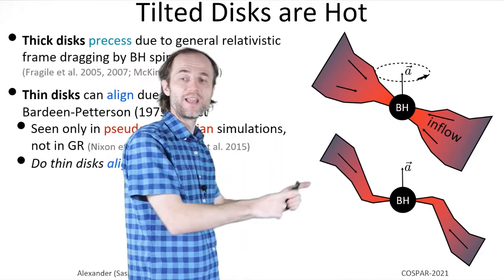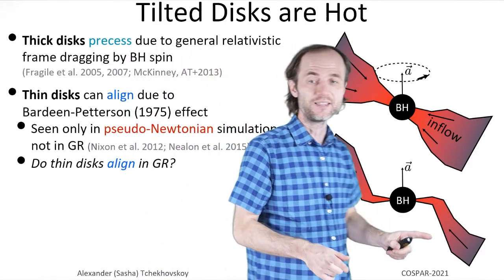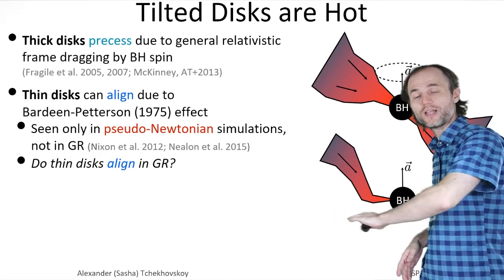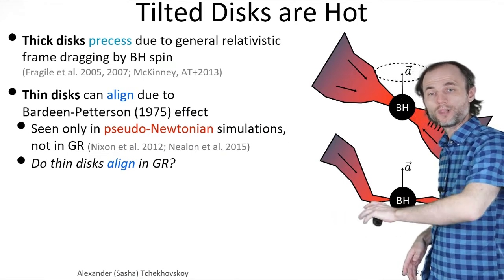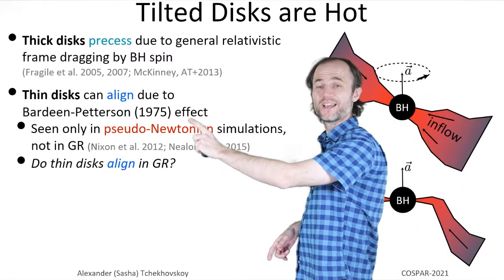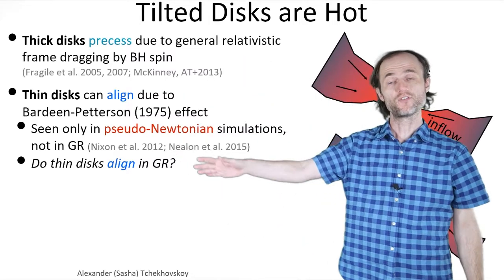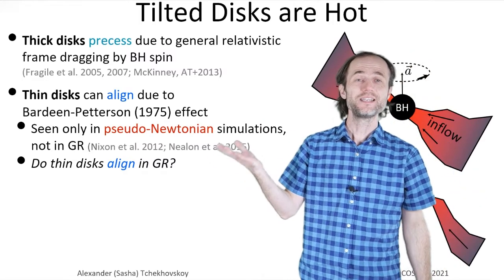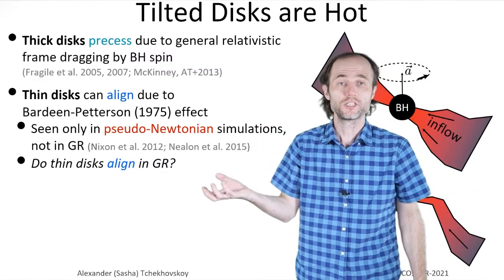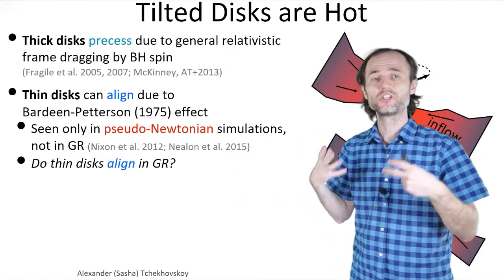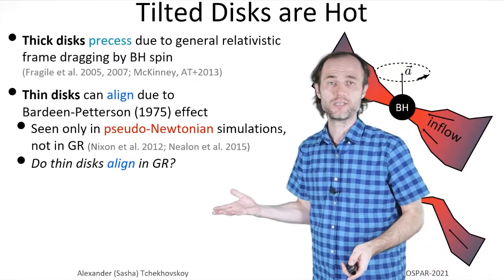If we consider a thin disk, then we expect the inner parts of the disk to align with the equatorial plane of the black hole, by the prediction of Bardeen and Petterson of 1975, more than 45 years ago. This effect, however, has only been seen in pseudo-Newtonian simulations. So once the full effects of general relativity and magnetic fields are included, this has never been seen.